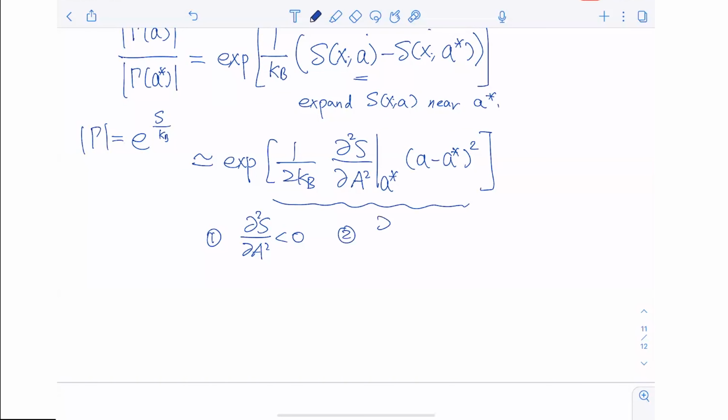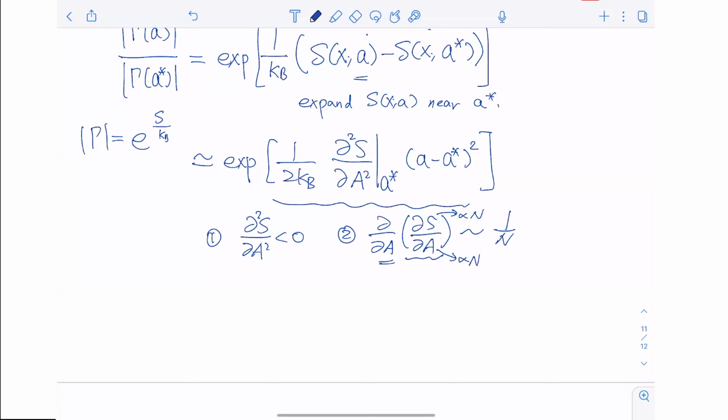And the second thing is that this object goes like 1 over N. The reason is simple: entropy is an extensive quantity, so it should be proportional to N, and A is itself an extensive quantity, so it will be proportional to N. So when you take the derivative, this factor of N will be gone.